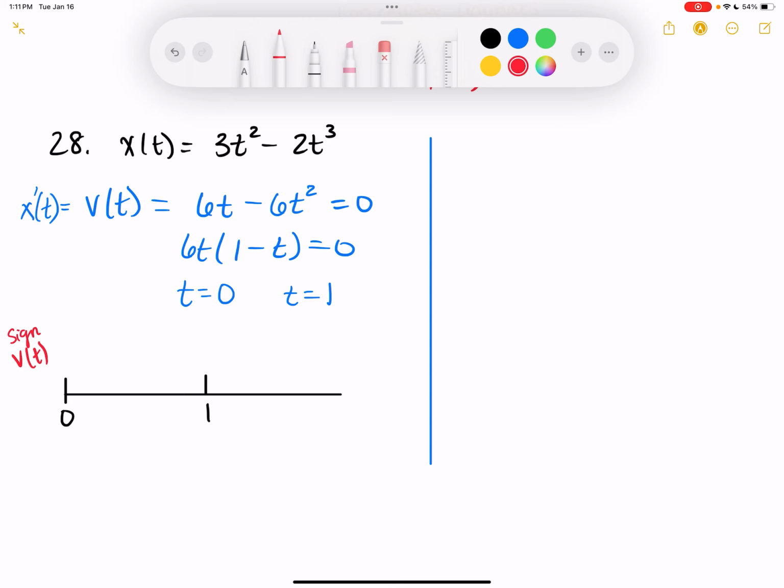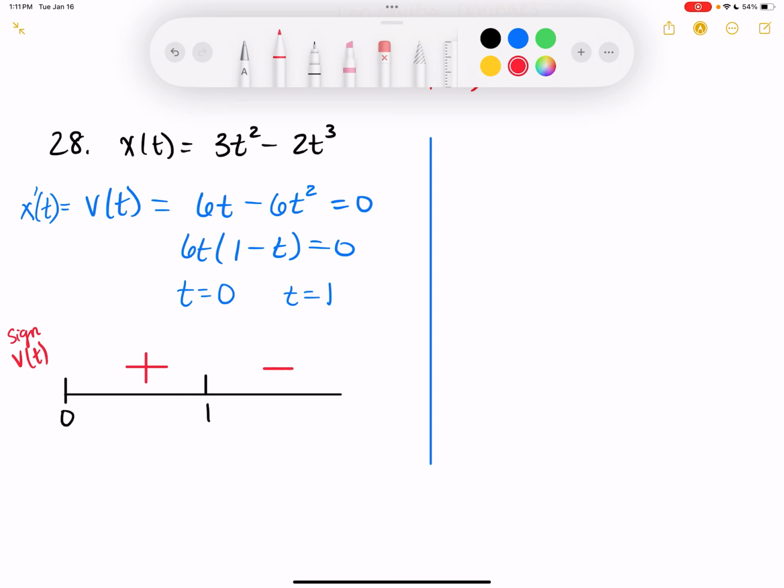It's positive. Because if you plug in 1/2 here, that would be 3, and if you plug in 1/2 here, that's going to end up 1/4, giving you 1.5. So 3 minus that is positive. So positive in here, and we'll write what that means in just a second, but for right now we're just going to write positive. And then over here, if I plug in 2, it's negative.